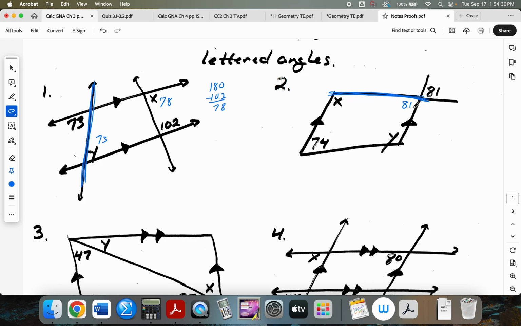And then the x and the 81, what type of angles are those? Same side interior, so they are supplementary. So I take 180 minus 81, and that's 99.